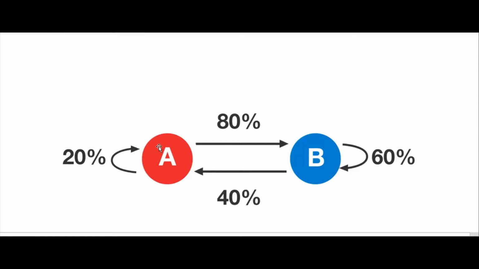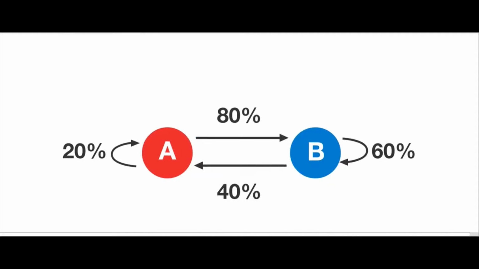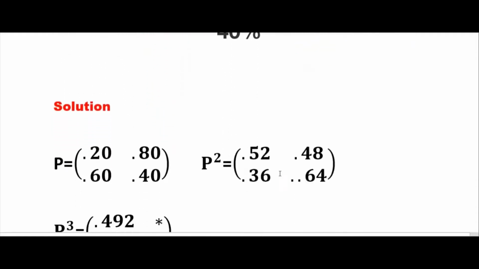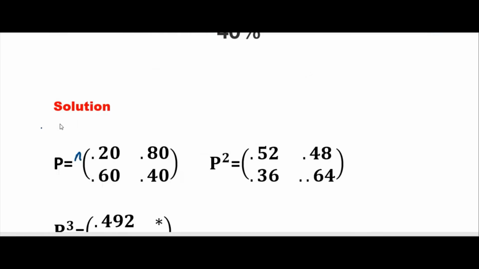It's a simple one. It looks very easy, but at times it will be difficult. So you have to know how to write the transition matrix. Here the state A, though we normally write 0, 1, here you can write A, B. Staying in A is 20%, making a transition to B, the probability is 80%.